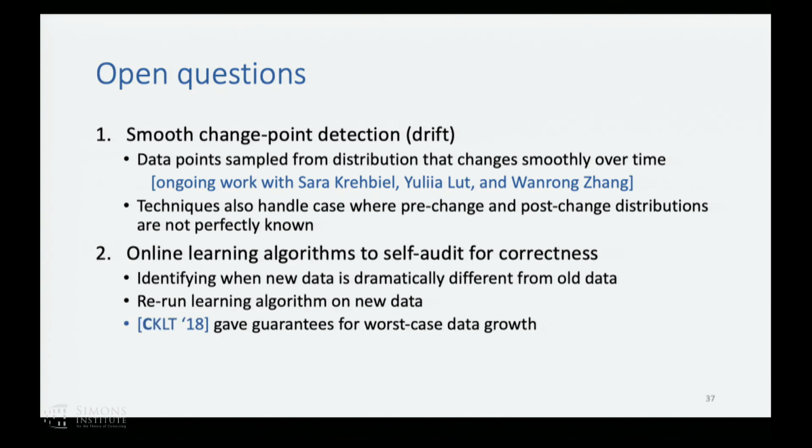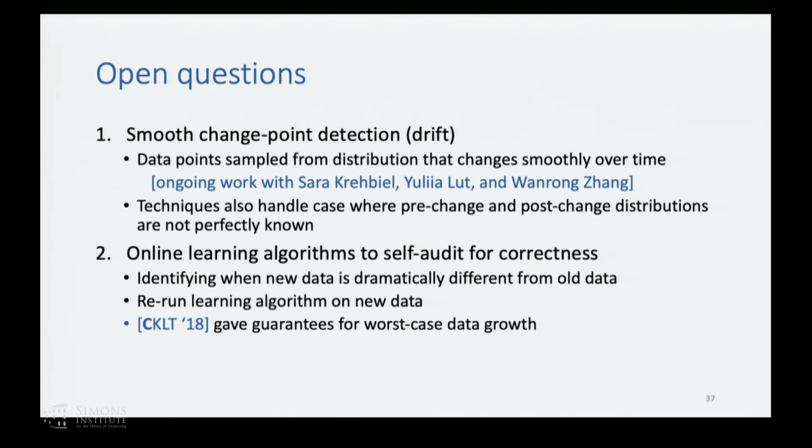So that's great. And I will say that a larger goal is thinking about online learning algorithms that can somehow self-audit for correctness. And so maybe I have first learned some classifier on some old data, and I acquire new data, and I want to at some point say my new data look pretty different from the old stuff.